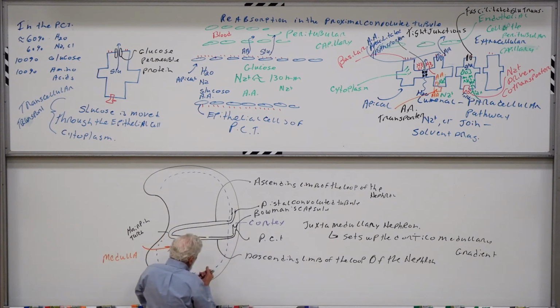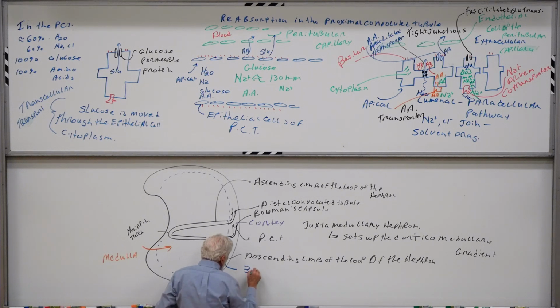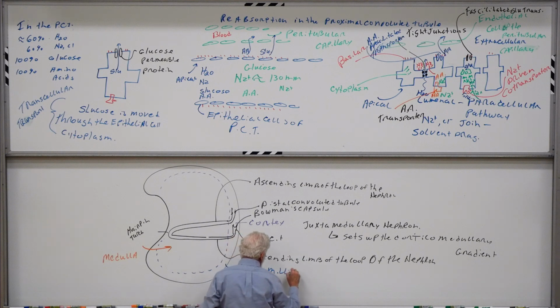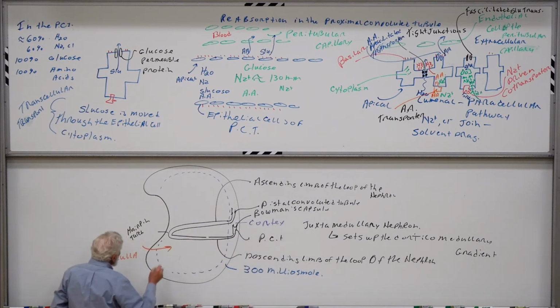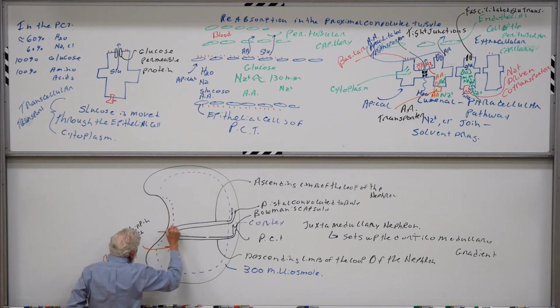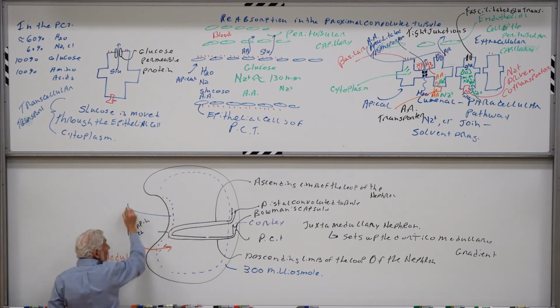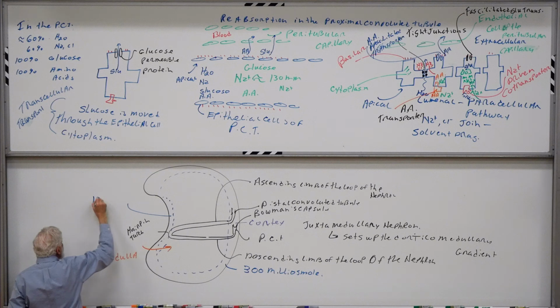Before I let you go, let me write this out. Up here in the cortex, we have a concentration of ions of about 300 milliosmoles. This is pretty much the same thing as plasma. But by the time we get down here, deep in the medulla, we can have concentrations as high as 1,200 milliosmoles.